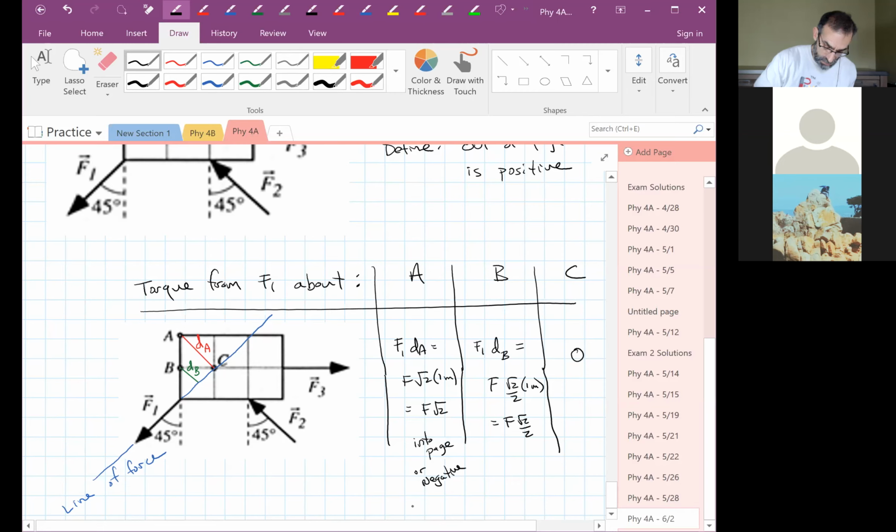So our torque should be negative F times the square root of 2.